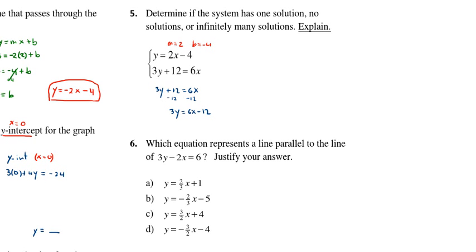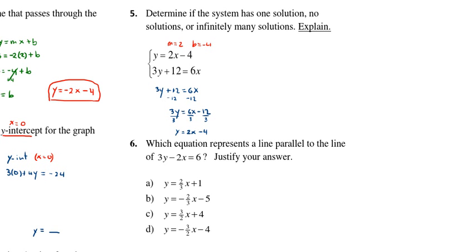And finally, we simply need to divide by 3 each part of the equation, and that will leave us y is equal to 6 is divisible by 3, so 6 divided by 3, that is 2x, and -12 divided by 3, that is -4.